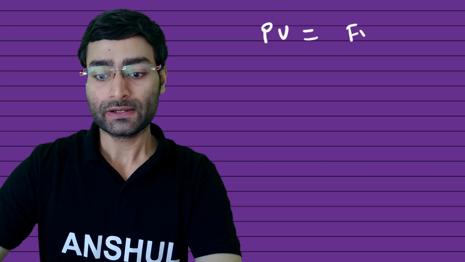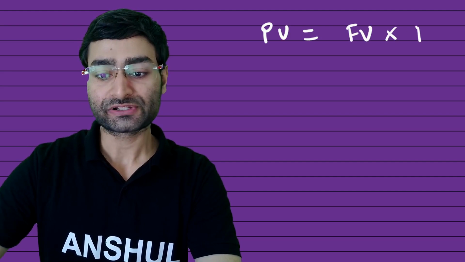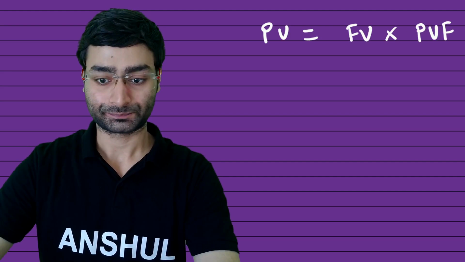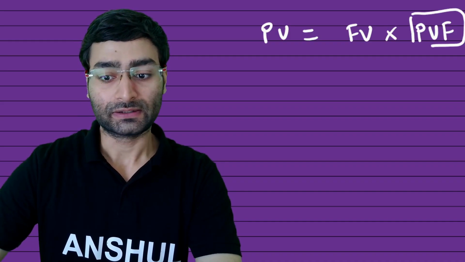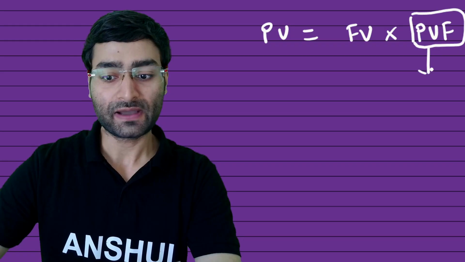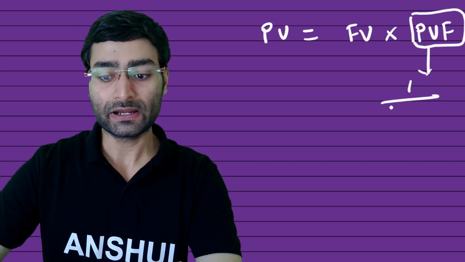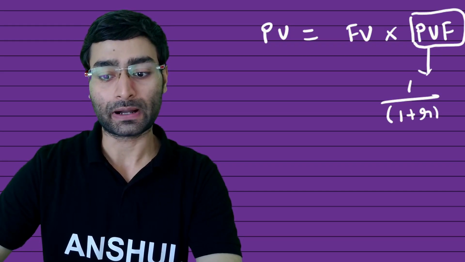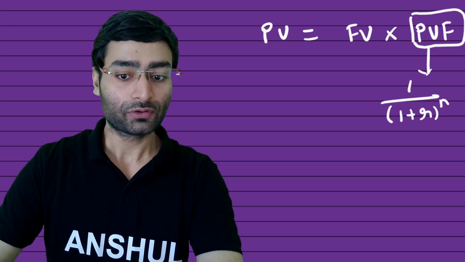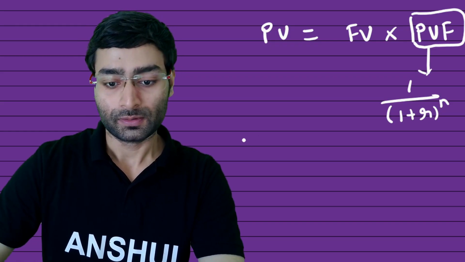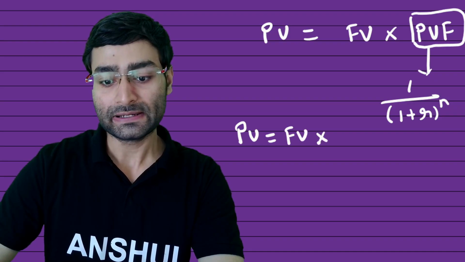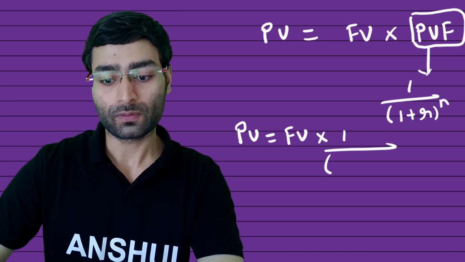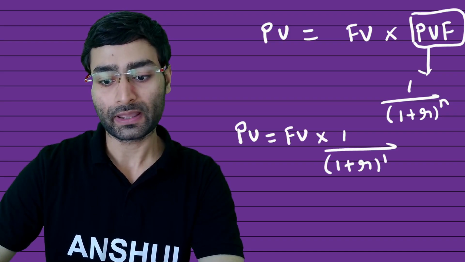Now let's see the formula to calculate the present value. Present value is equal to future value multiplied by present value factor. Now, what is this present value factor? Mathematically, this present value factor is 1 divided by (1 + r)^n. So now the formula becomes present value is equal to future value multiplied by 1 divided by (1 + r)^n.